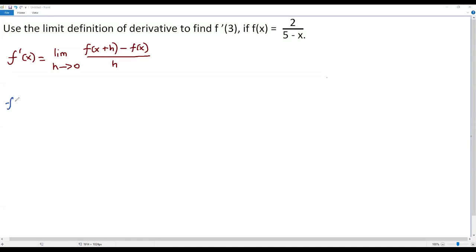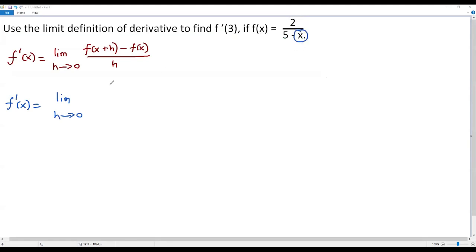So f prime of x equals the limit as h tends to 0. Here we need f of x plus h. But here we have f of x equals 2 over 5 minus x. To get f of x plus h, in the given function this x has to be replaced by x plus h.